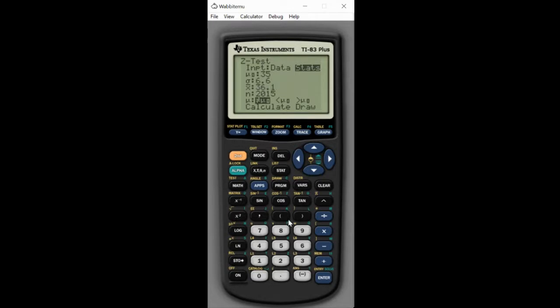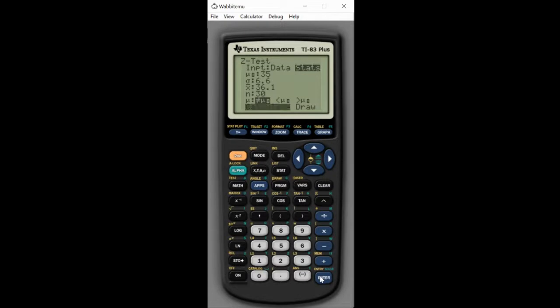We had those 30 cans of soda, and they found that the average was 36.1 milligrams. Wasn't it 30? Yeah. And then we said this was a two-tailed test, so I'm going to leave this on the not equal to part.